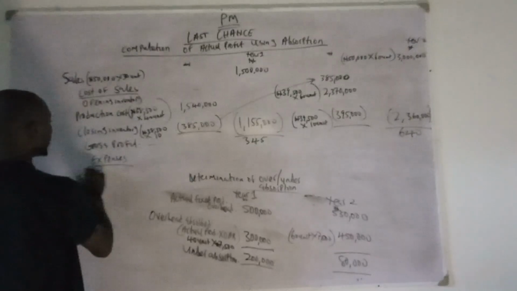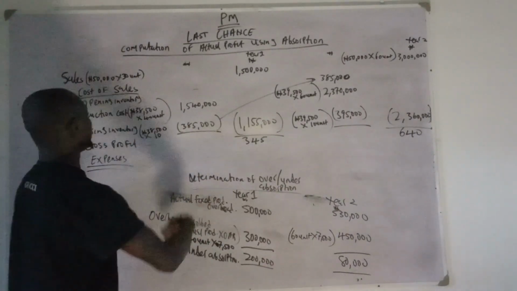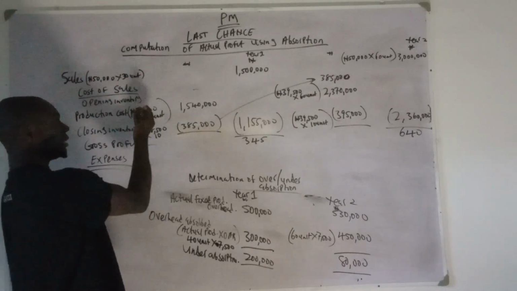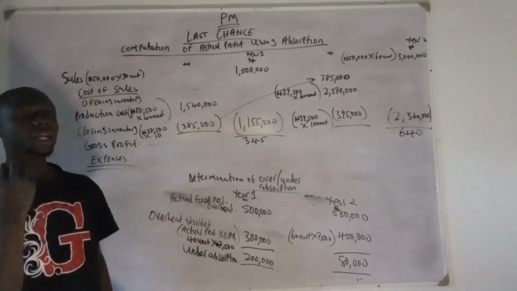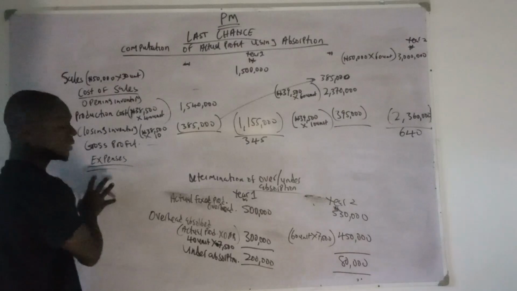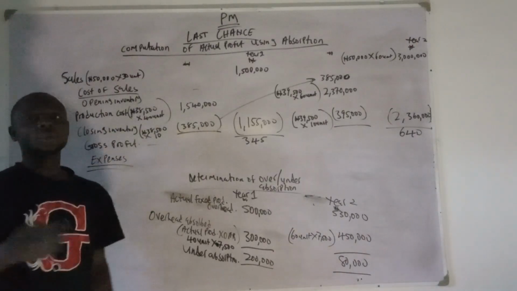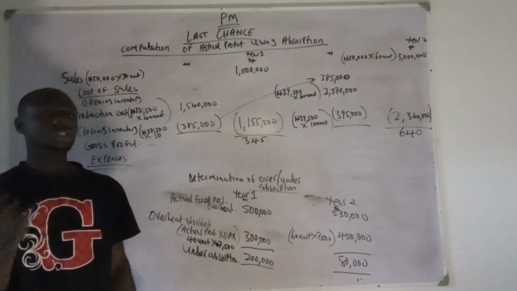So do we have any other expenses apart from fixed production overhead? Don't forget that since you've used the fixed production overhead as a full cost here, you don't need to bring fixed production overhead. But if there is fixed selling and distribution, you can still bring it because it is an expense. Fixed selling and distribution.